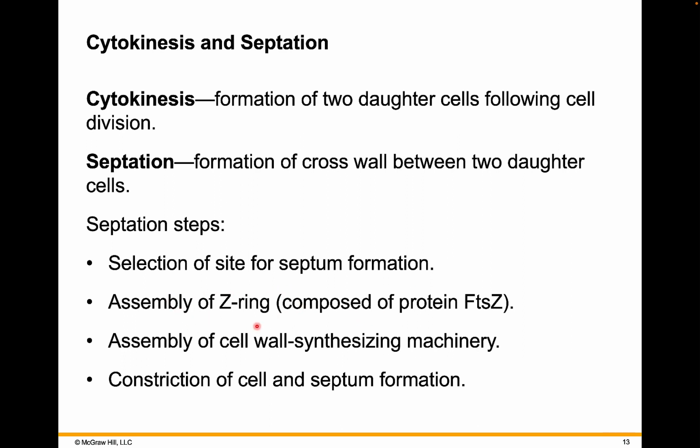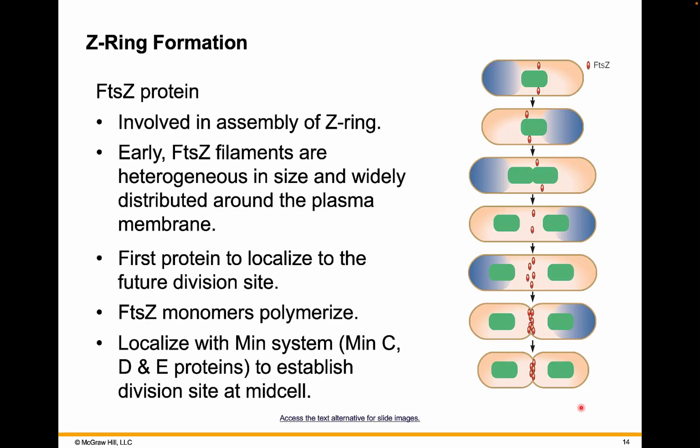And there will be an assembly of the Z ring, which is composed of the protein FtsZ, a cytoskeletal protein. This will also assemble the cell wall synthetic machinery and the constriction of the cell wall, septum formation. And we are going to look at the entire mechanism of this.